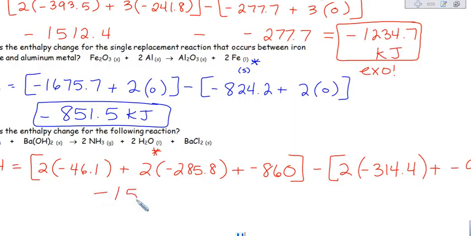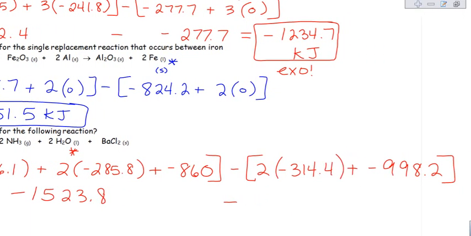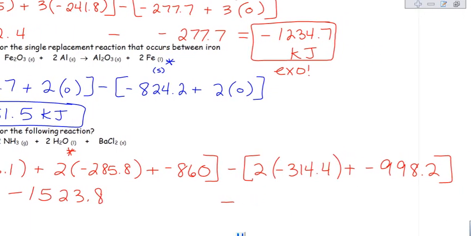Negative 1,523.8 minus, and then my second quantity here, let's plug this in. 2 times negative 314.4 and the negative 998.2 is a negative 1627.